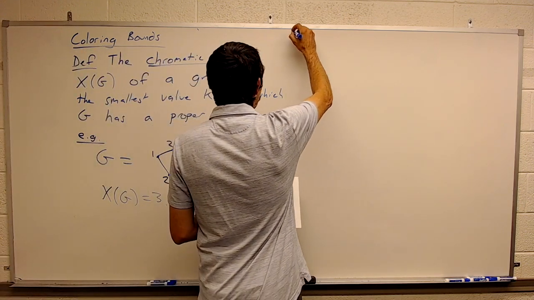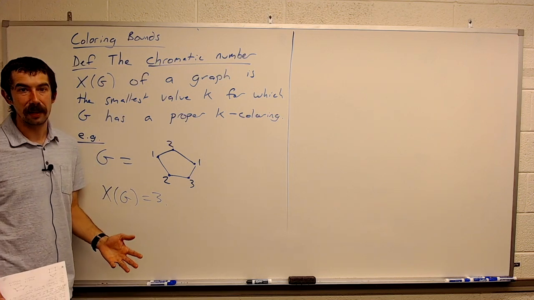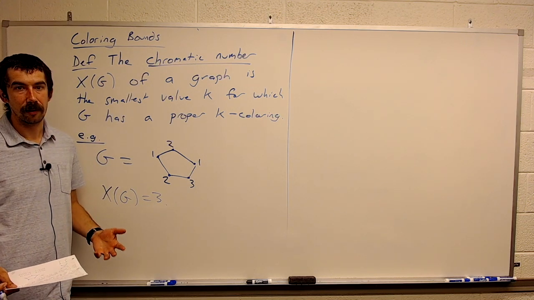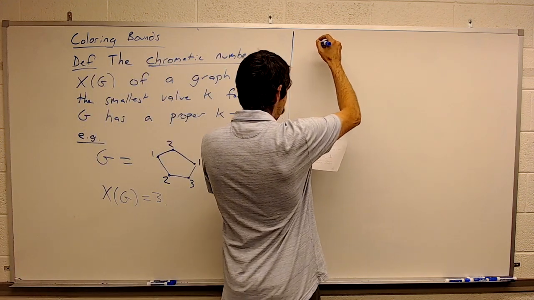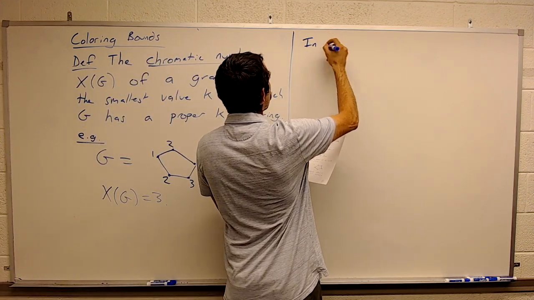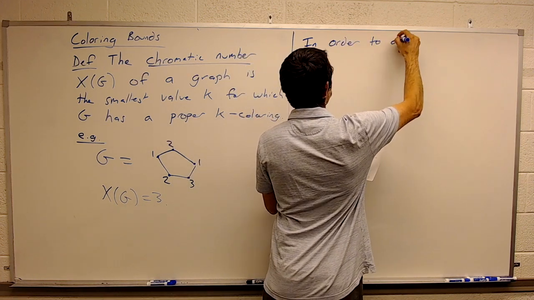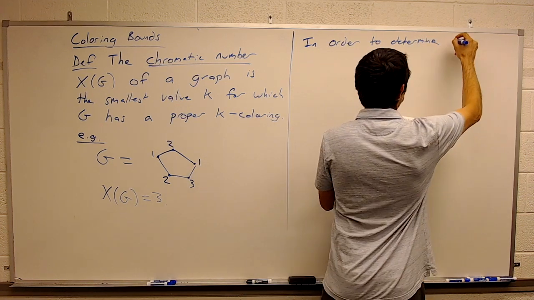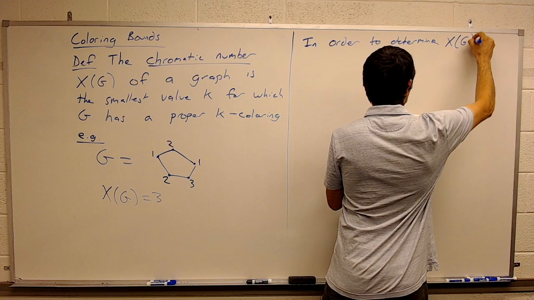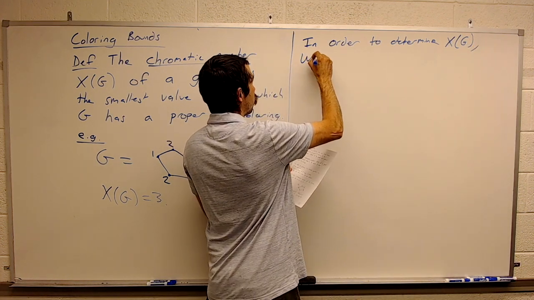Okay, in general, it's hard to find the chromatic number of a graph. It's just difficult. But there are some techniques. In order to determine the chromatic number, we often do 2 things.